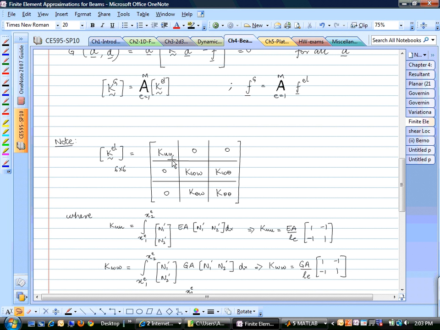So this problem you could solve completely independently of the bending and the transverse problems. And if you remember from the one-dimensional case, the stiffness matrix that you got was N prime transpose times E times A times N prime, and that led to this element stiffness matrix.